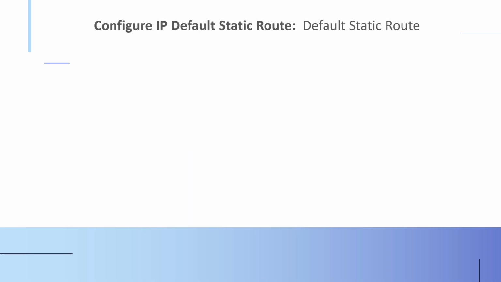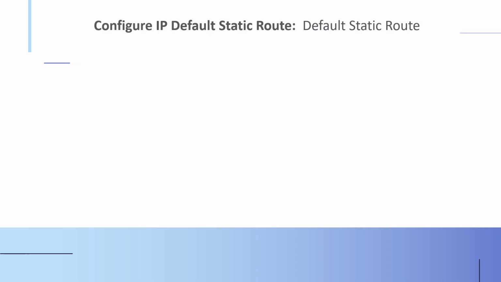As we show you how to configure a default route for the IPv4 and IPv6 network, we will also explain the situation in which a default route is a good choice. A default route is a static route that matches all the packets.